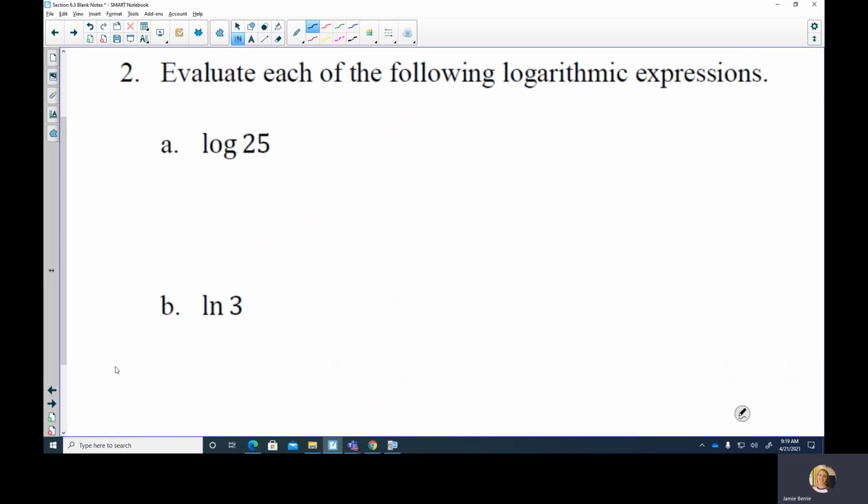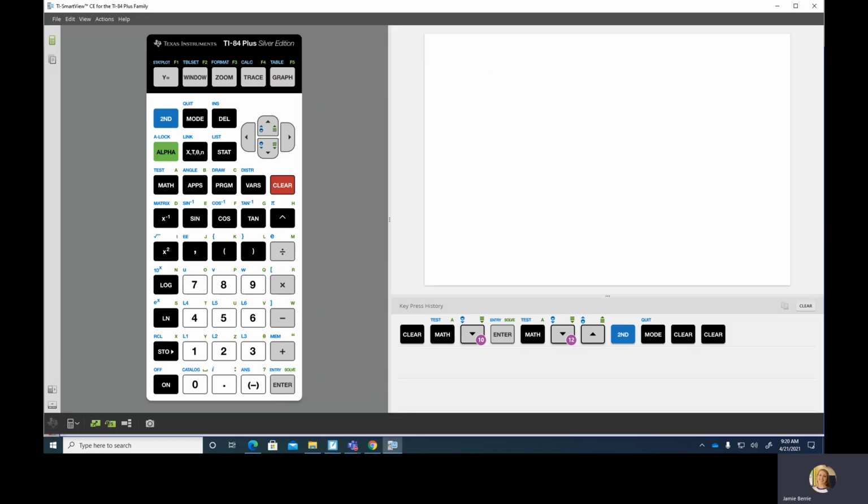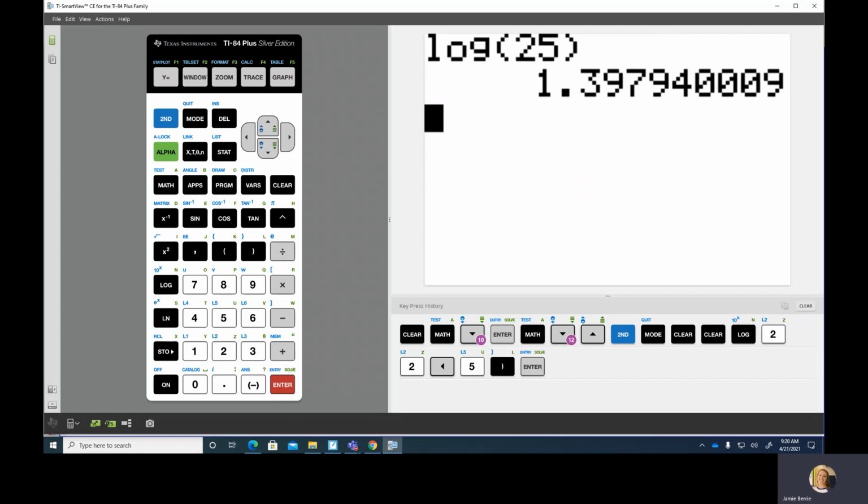Again, if you prefer to see it with the parentheses around the 25, you can do that. There's no base indicated here, so we know it's a base 10 logarithm. So we're going to go to our calculator, do log of 25, close parentheses. I think it's 3 decimal places on homework. So this would be 1.398.